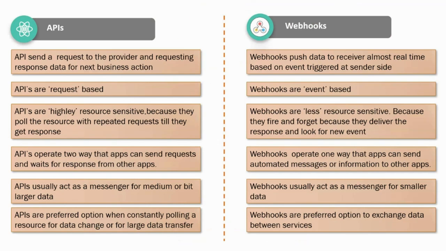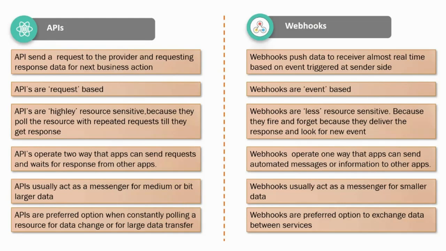Now, in the next section, let's see the difference between webhooks and APIs. Both webhooks and APIs enable syncing and relaying data between two applications. However, they serve slightly different purposes. First, an API sends a request to the provider and requests response data for the next business action.